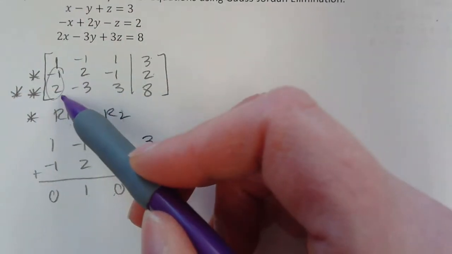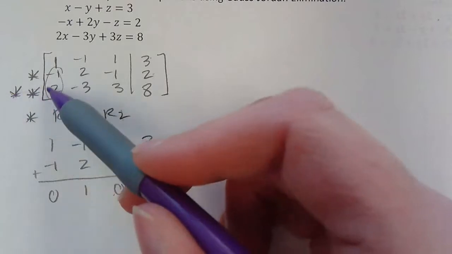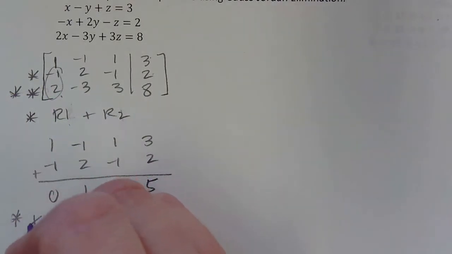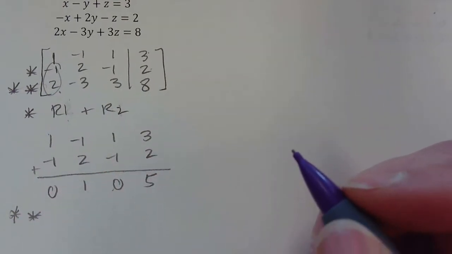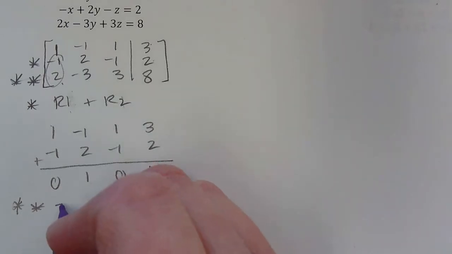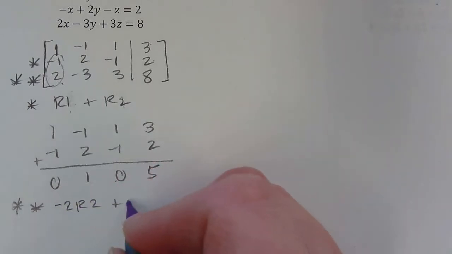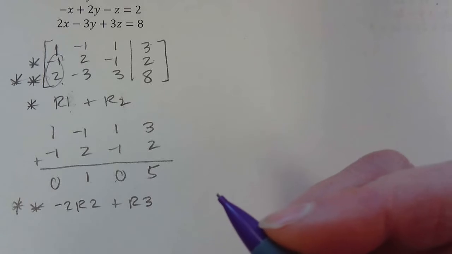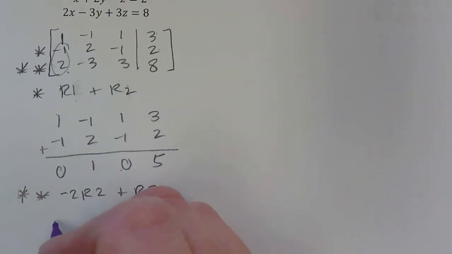In the third row, I want this 2 to go away. So now I'm putting a double star there to show where that work is going to be located. And I'm going to get that by doing -2 row 2 plus row 3. So I'm going to double that middle one. So let's go through and do that.